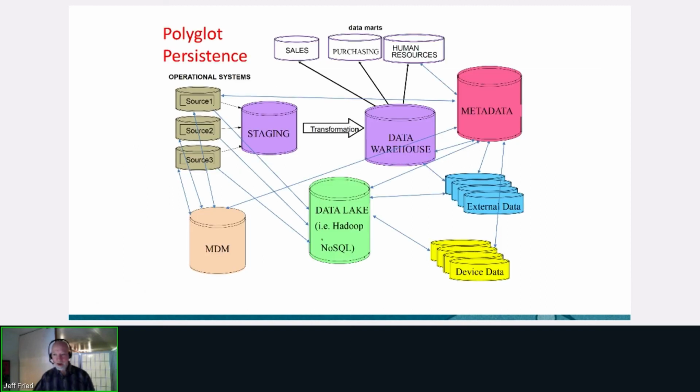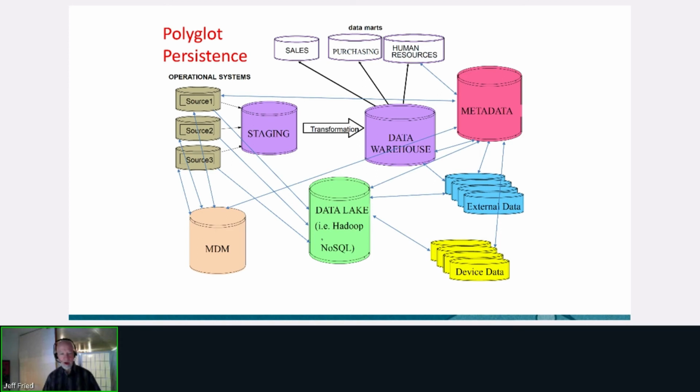What I see happening a lot in the industry is this kind of sprawl, if you will, where there are multiple operational systems. Often there's a data warehouse with some staging data mart, combining multiple things with separate metadata and master data systems, and then layered on top of it some data lake or data swamp, where to me, really, the difference between a data warehouse and a data lake is a governance question.